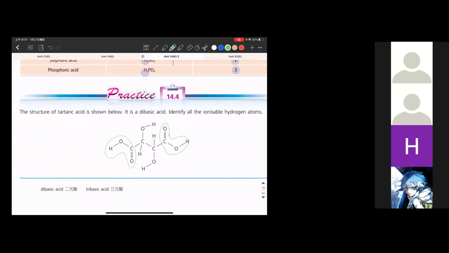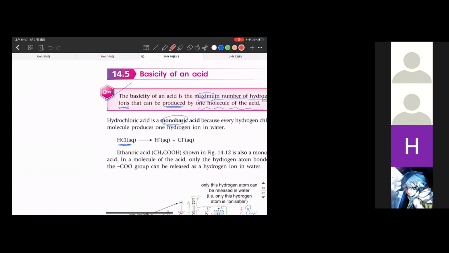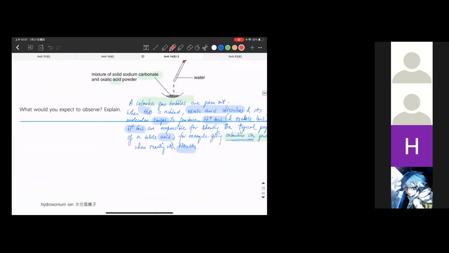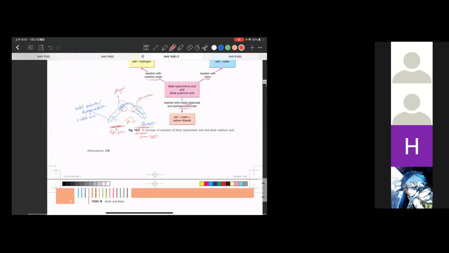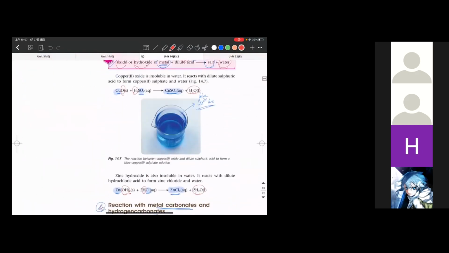So if you want to talk about ionizable hydrogen atoms, they are on here. Questions? Now, believe it or not, if you want to talk about citric acid, do you still remember citric acid? Last time you talked about citric acid, right?